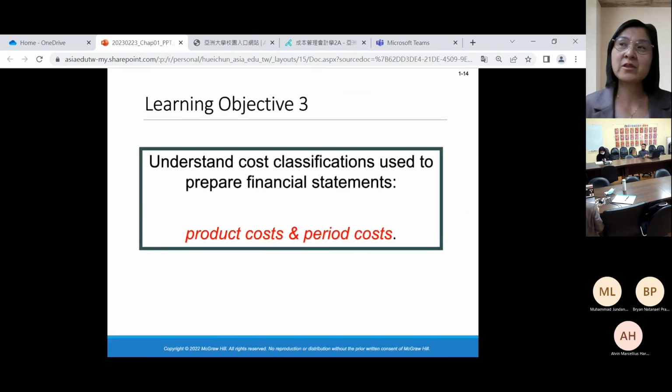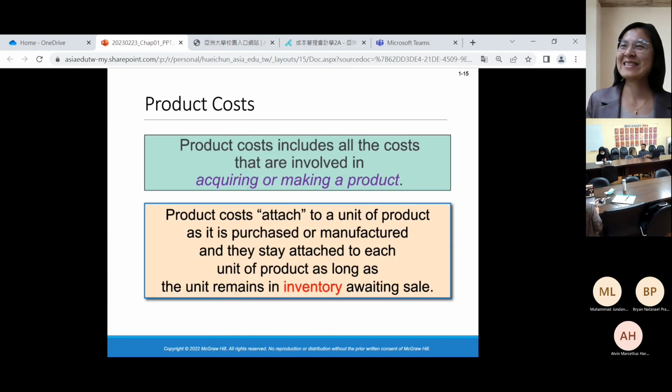So Jindan, do you still remember what is the difference between period cost and product cost? Product cost is all the costs required to make the product. Yes, it's product related directly.